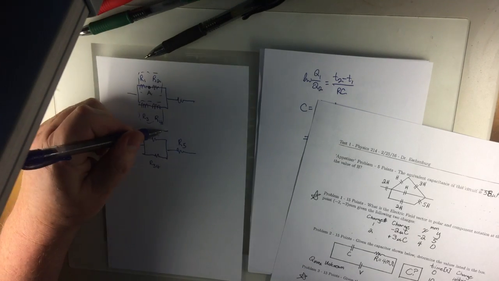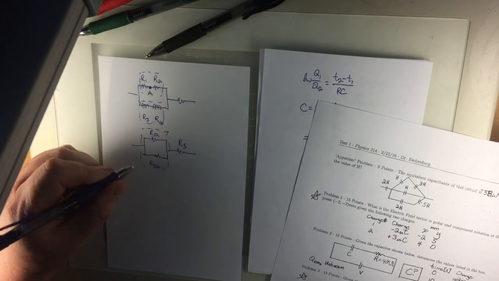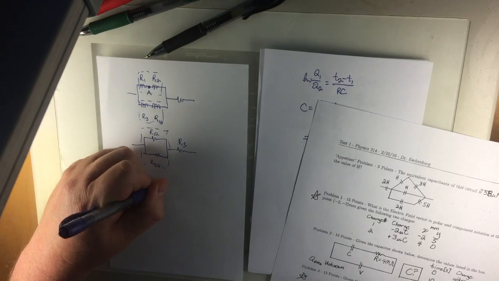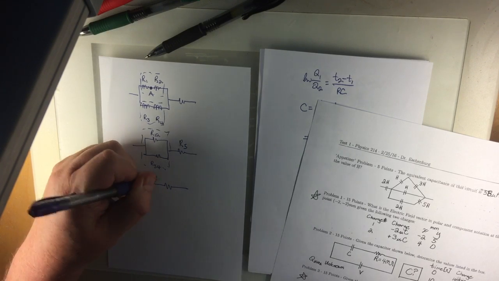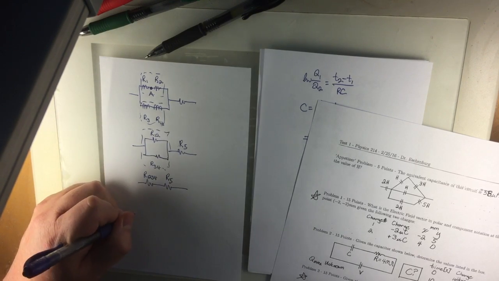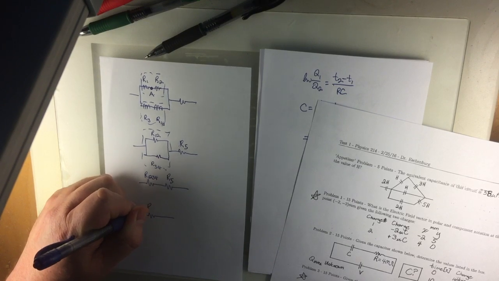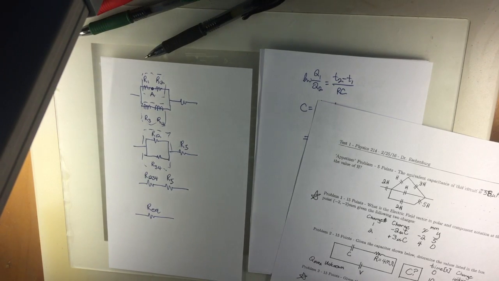Second squooshing, you box in those two and you end up with R1234 and R5. And then the final squooshing, you get REQ. So really what I'm doing initially is just drawing out the various squooshings to get this.